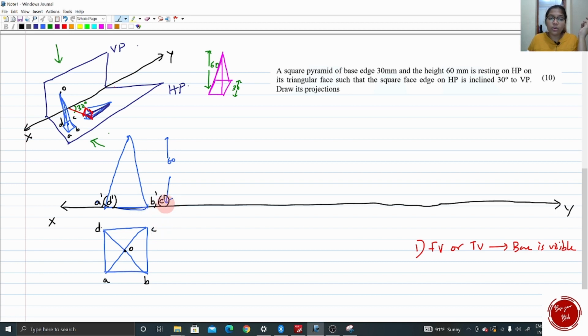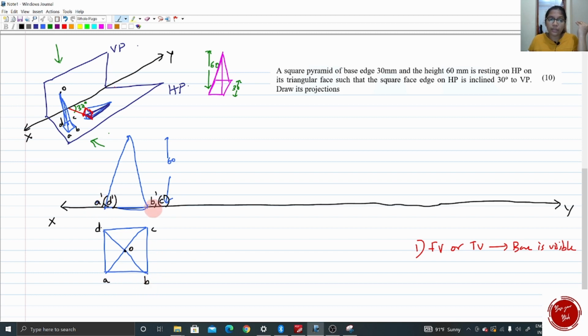You can also have a note on what I am saying now, that is, the points nearer to XY will not be seen and should be put in a bracket. See, C and D are nearer to XY compared to A and B. So C and D should be put inside a bracket in the other view. Okay. But A and B are away from XY.